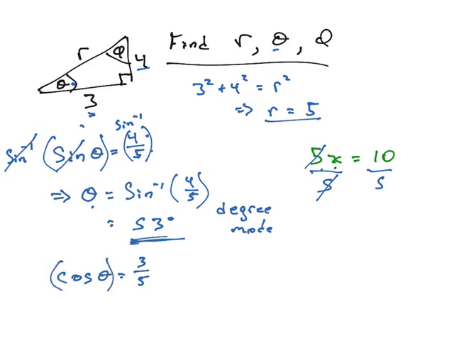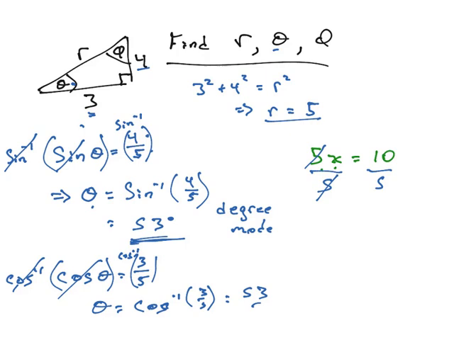In order to get rid of the cosine, I take the inverse cosine. But I also have to do it on the right side as well. Inverse cosine cancels cosine, so I get theta is inverse cosine of 3 over 5. And again, when you plug this in, you get 53.